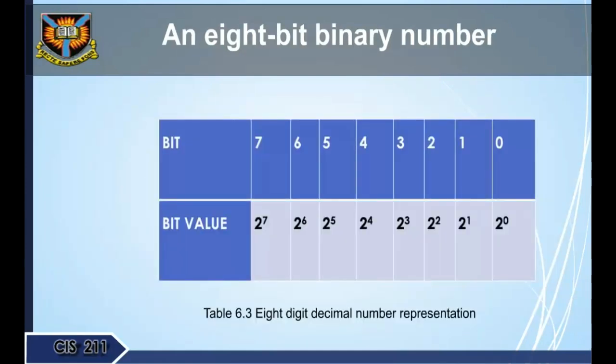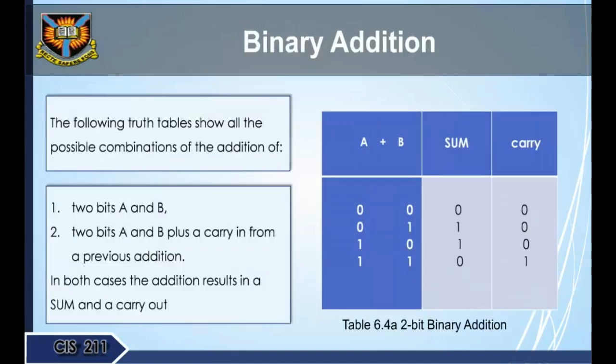Bit 7 6 5 4 3 2 1 0, bit value 2^7, 2^6, 2^5, 2^4, 2^3, 2^2, 2^1, and 2^0. Binary addition.